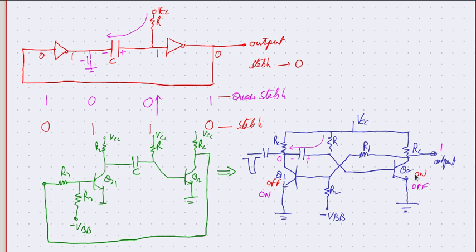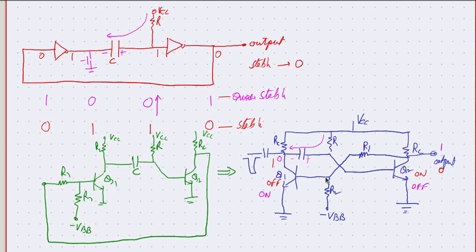And once the transistor turns on, the output goes back to 0. The output is 0, which confirms that this is off. If this is off, then this will be high. If this is high, then this keeps Q2 on, and that's the process.